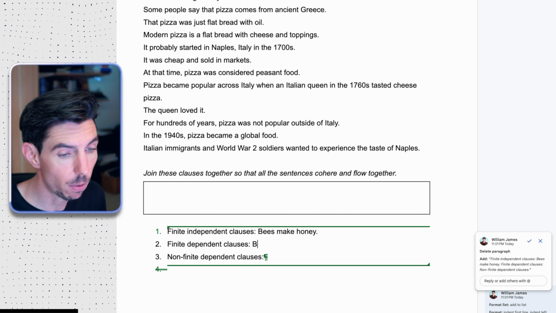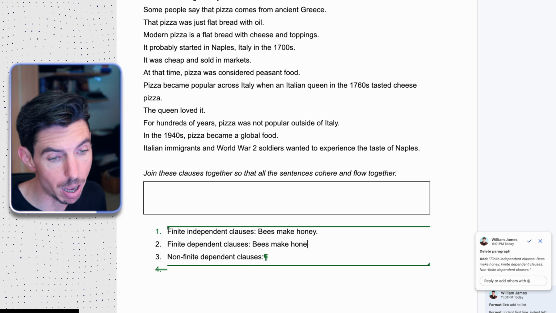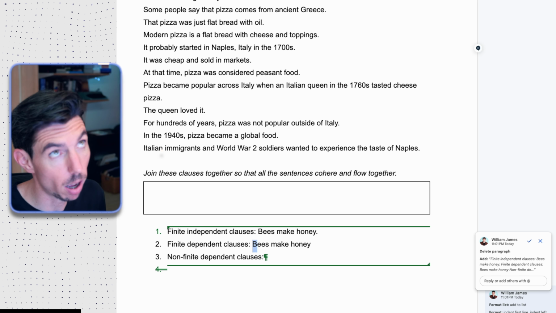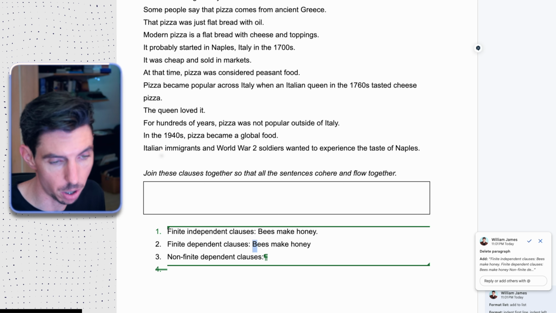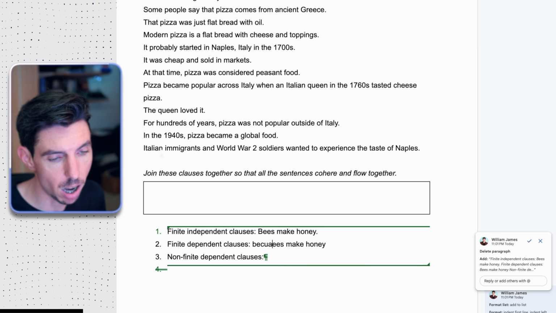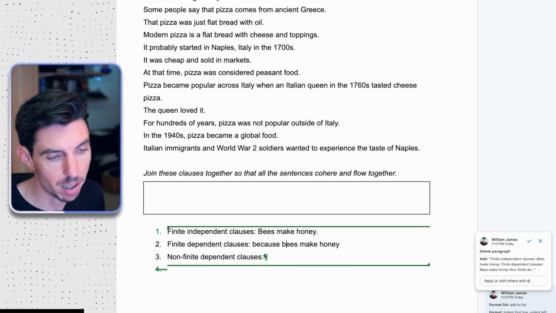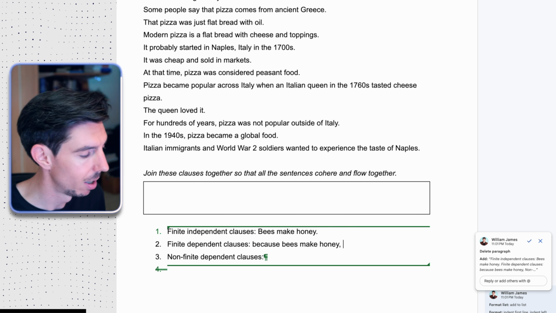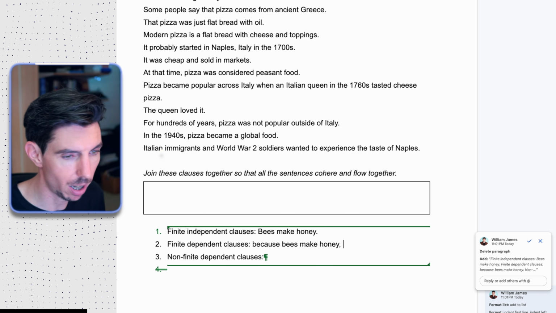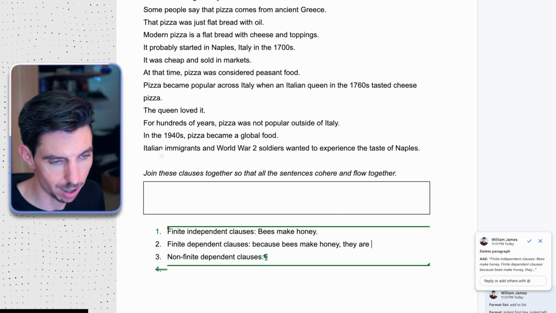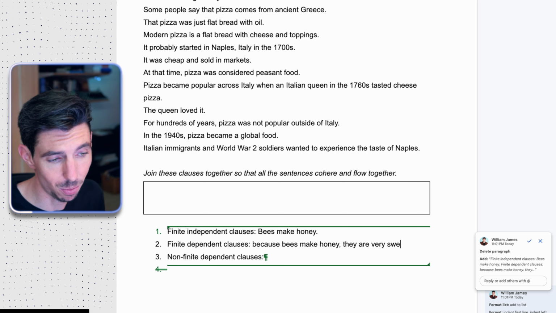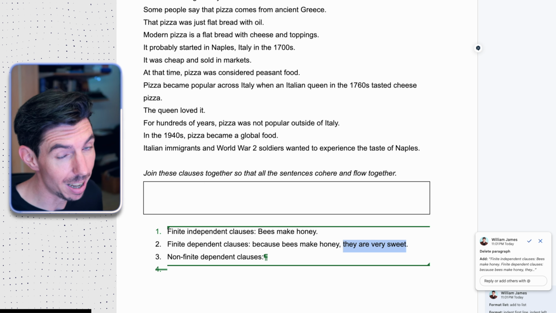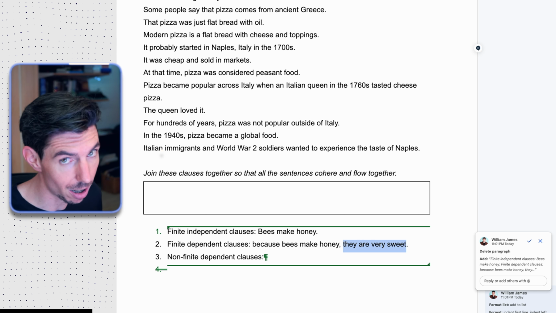So let's take, for example, this independent clause, bees make honey, but then let's attach a subordinating conjunction to it, such as because. Because bees make honey, comma, they are very sweet. I don't know. Okay, so they are very sweet. That is an independent clause. It can stand on its own.